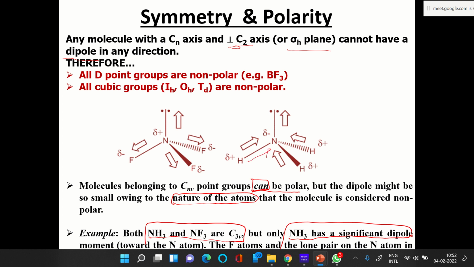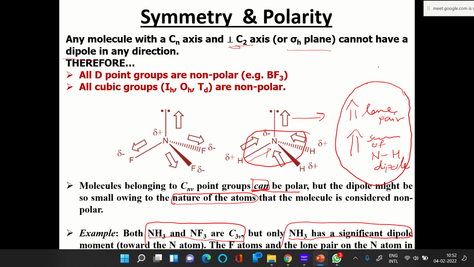This sum of the three N-H dipole moments is pointing up, and the dipole moment due to the lone pair also points up. Both add up, and you have a significant dipole, a high value of dipole moment.